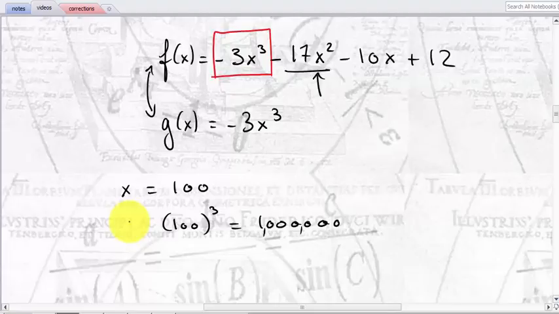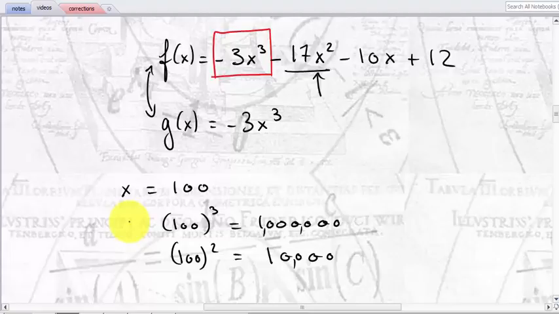Let's take, for example, x equals 100. What is 100 cubed? Well, you take 100 and add two sets of zeros, so it is 1 million. Then you multiply by 3. That doesn't matter, right? What's the next term? The next term is a square, right? What is 100 squared? Well, 100 squared is just 10,000, right?